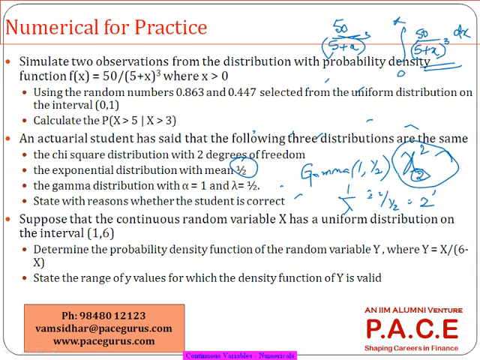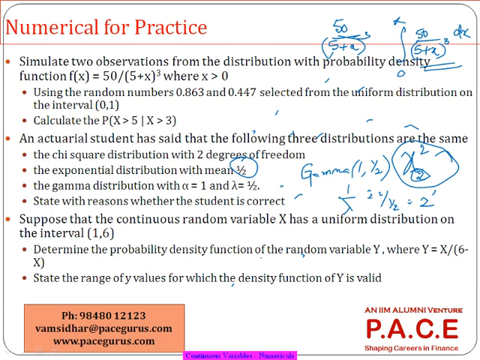So x is a continuous uniform distribution between 1 and 6.